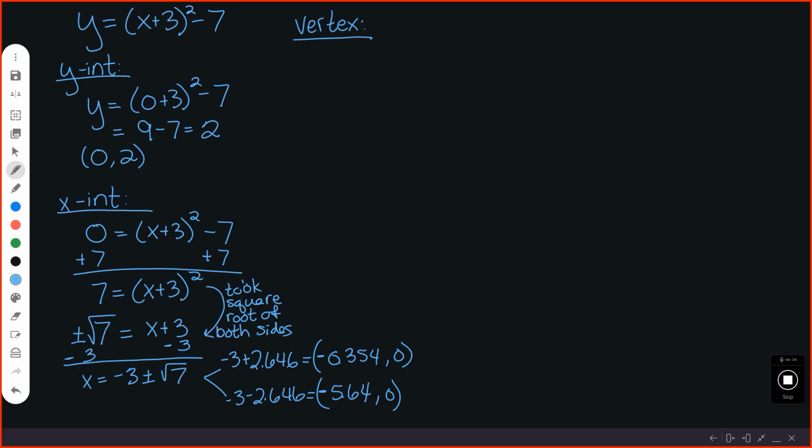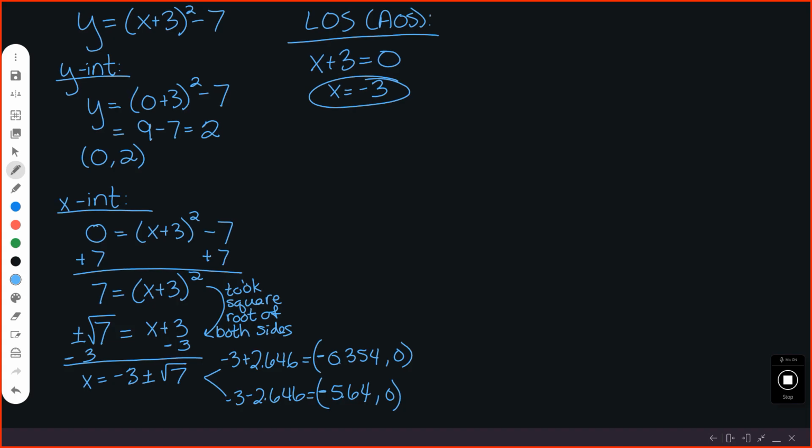To find the line of symmetry, or axis of symmetry, which mean the same thing, I'm just going to take that part in parentheses, x plus 3, and make it equal 0. Then I'm going to solve that for x, and I'm going to get x equals -3.